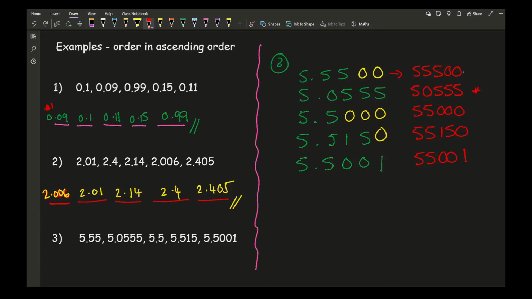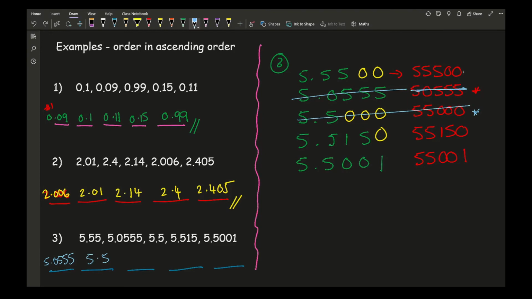So I'm going to write, let's get those dashes on the way, 1, 2, 3, 4, 5. So looking at this, my smallest is 5.0555. And again, I'm going to put a line through that so I'm not getting confused. So out of the remaining numbers, the next smallest is 5.5000, so it's 5.5.